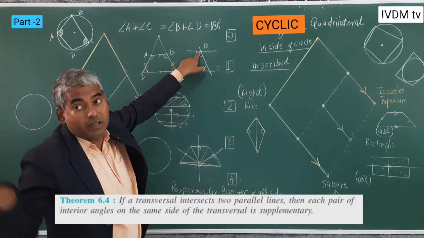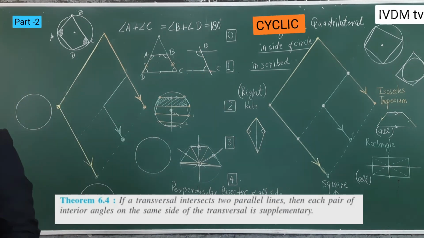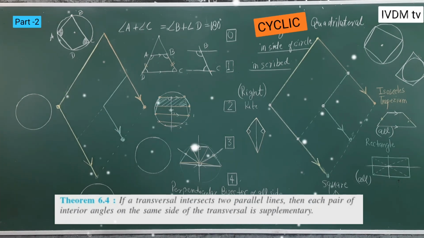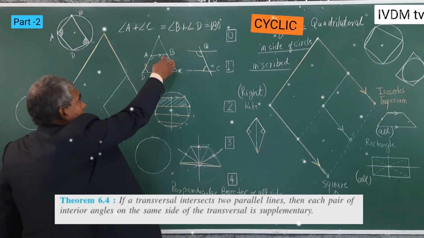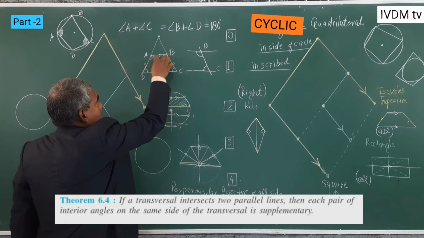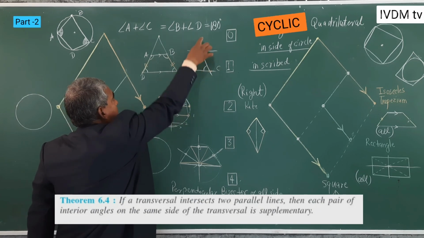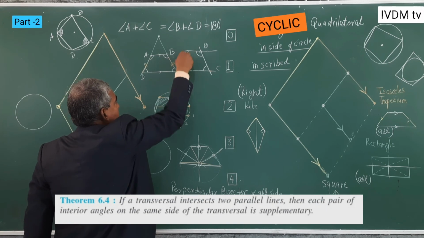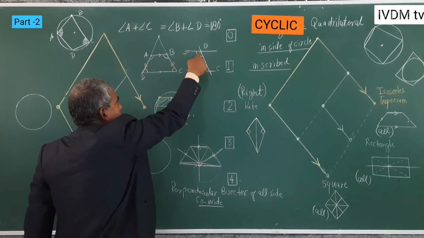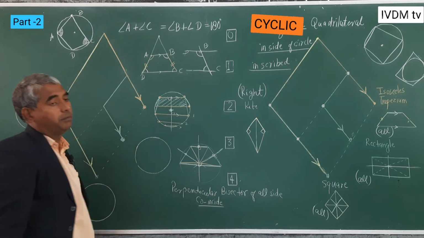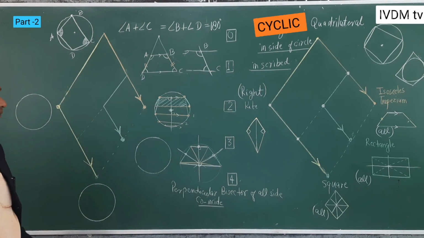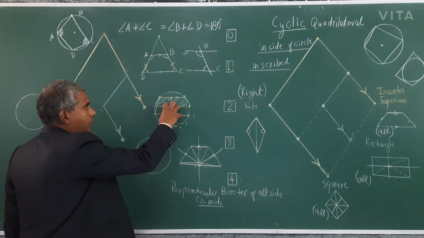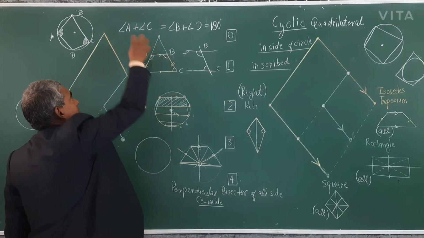This is a theorem in your chapter number 6, I think. And it has been proved for angle A, so this angle is also supplementary. So this will hold also. So this was the proof of 8.1 question number 12. So you have seen all isosceles trapeziums will be cyclic in nature.